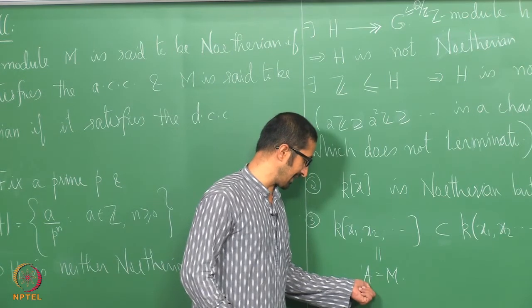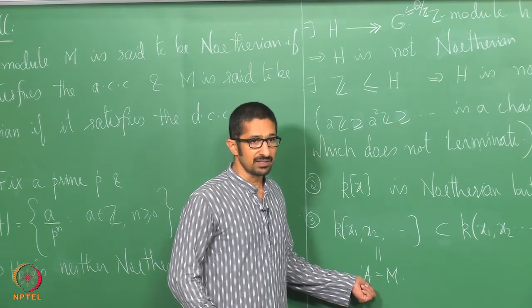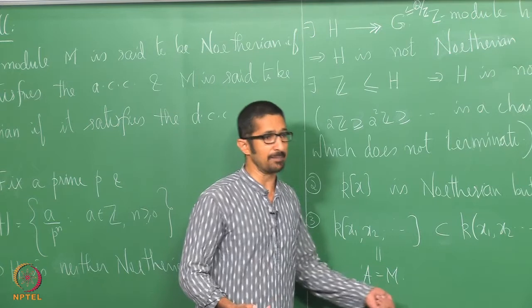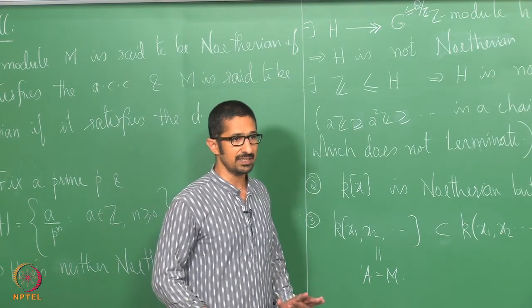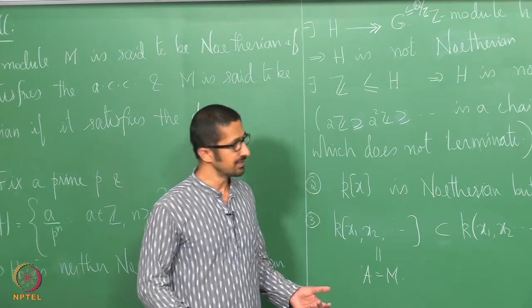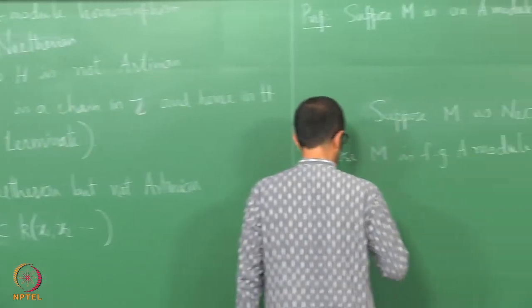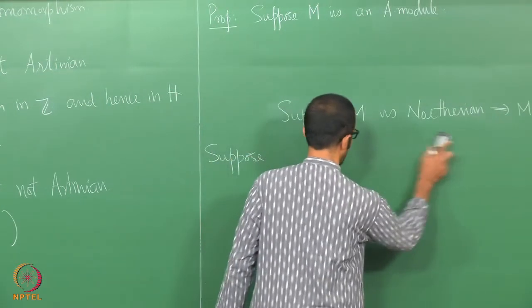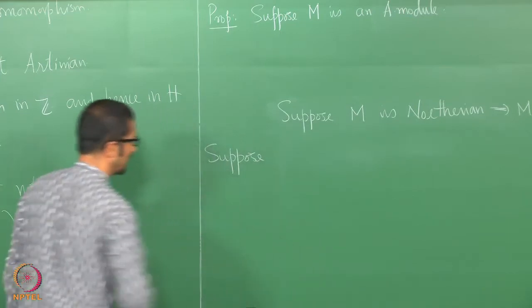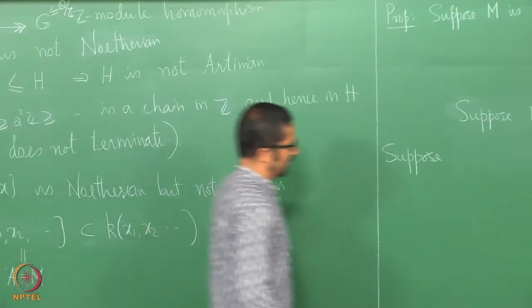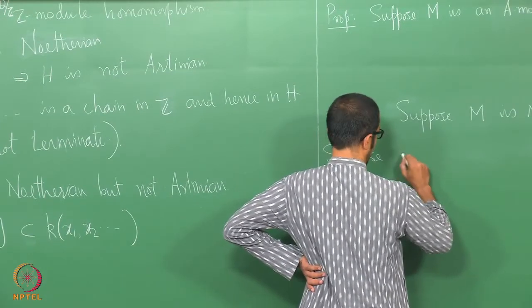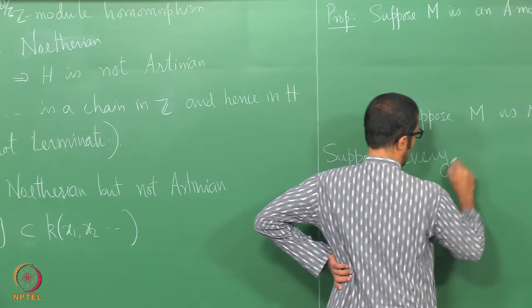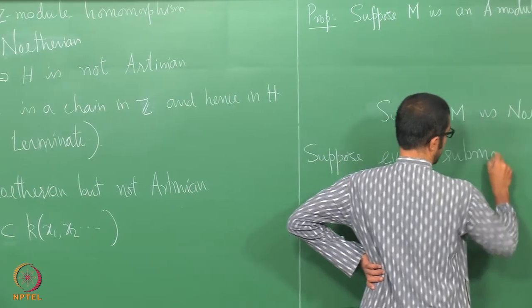Okay. So we want something more. If I take A to be an arbitrary ring and M to be a finitely generated A module, that need not necessarily say that M is Noetherian. So this is not enough. What we have is, suppose every submodule of M is finitely generated.